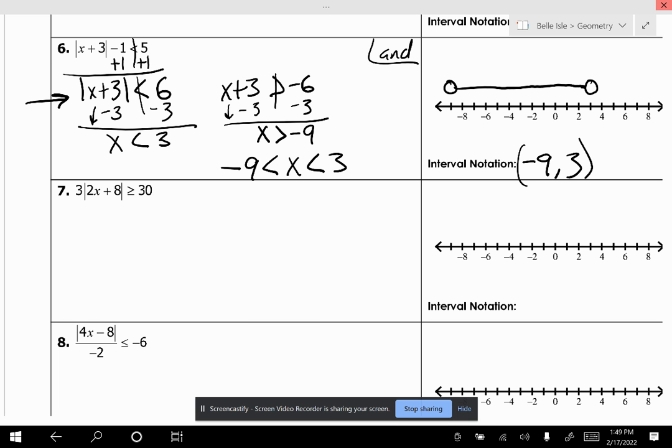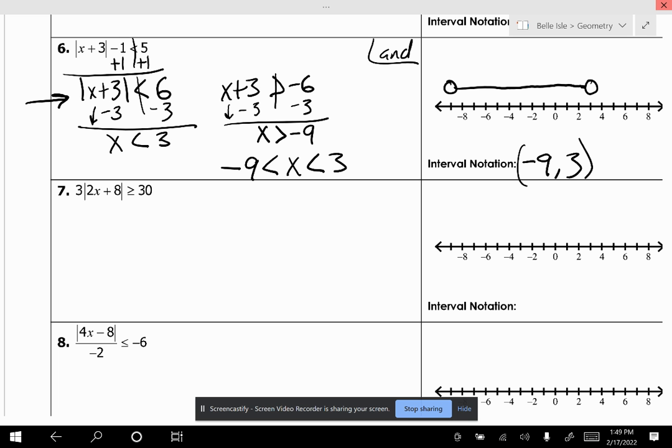Guys, I appreciate the discussion, but I do need to clarify something with the question we just got. Distributing versus just dividing both sides by 3: you cannot mess with anything inside the absolute value symbols until you get it by itself.